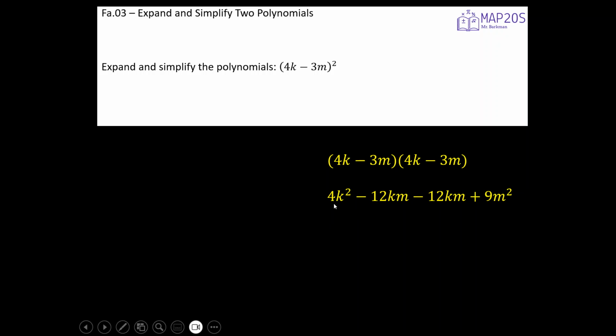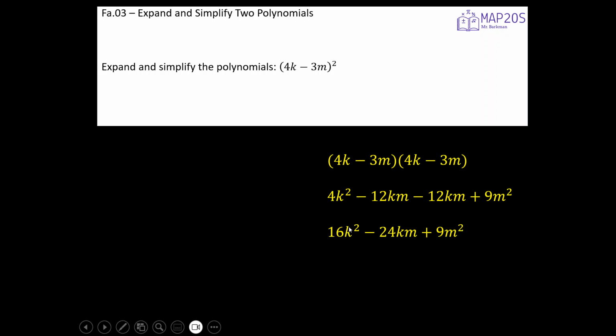Okay, 4k squared. Sorry, that should be 16k squared. I fixed it on the next one. So that should be 16k squared. And then we have negative 12km, negative 12km, and then positive 9m squared. So when we combine this, this becomes negative 24km.